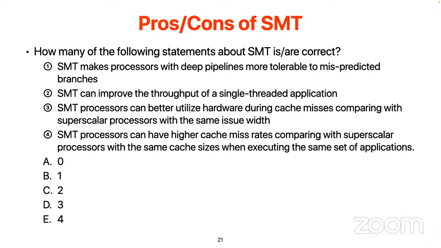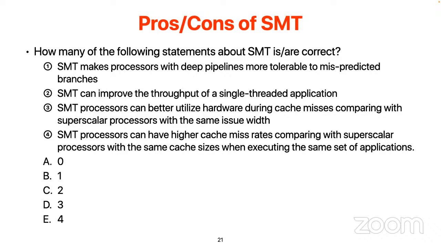But what can you do with SMT? If you have SMT, what can you do alternatively? You can actually fetch in. If I have a branch, I know that I may have to do some prediction, but why don't I just give higher priority to another program for instructions that make more sense?